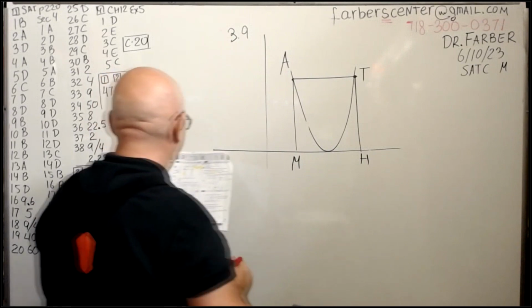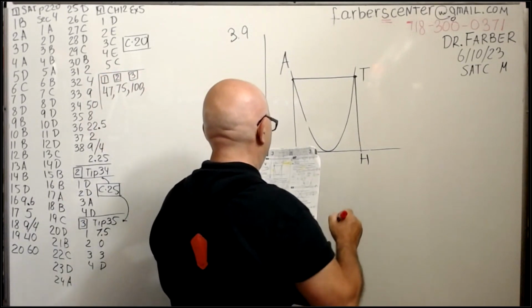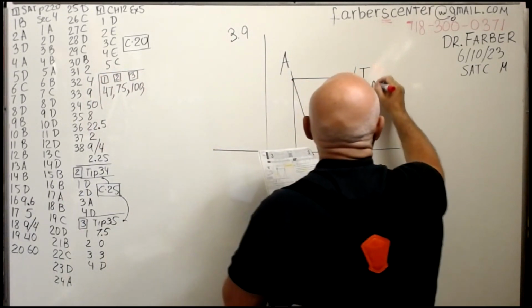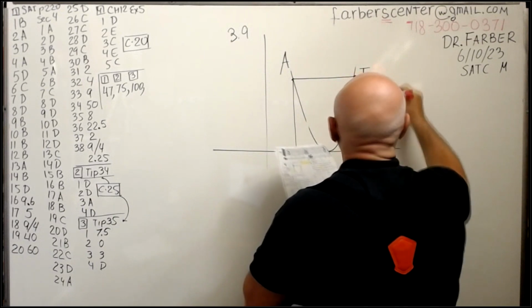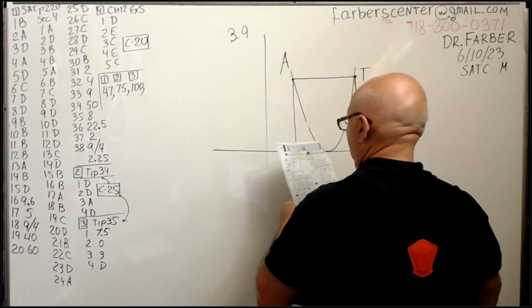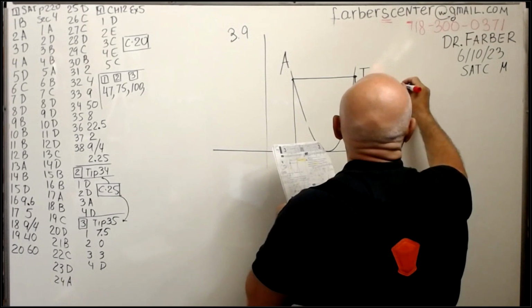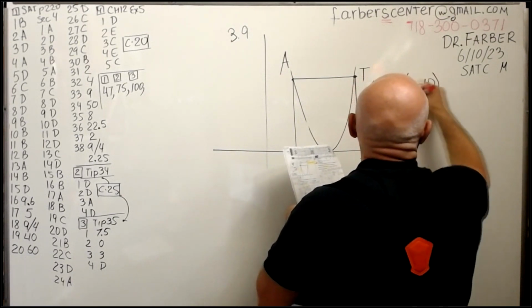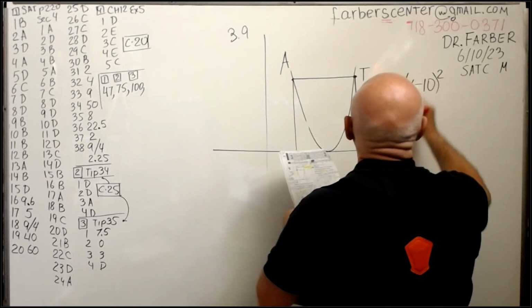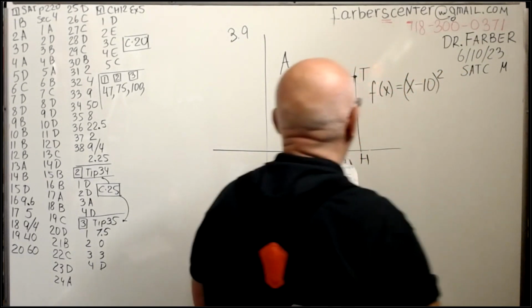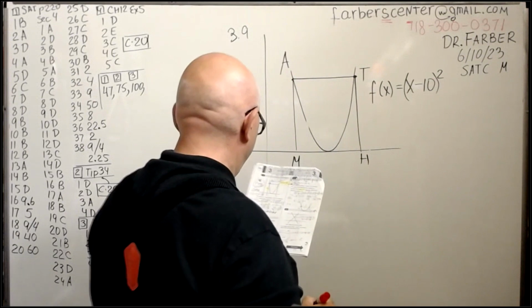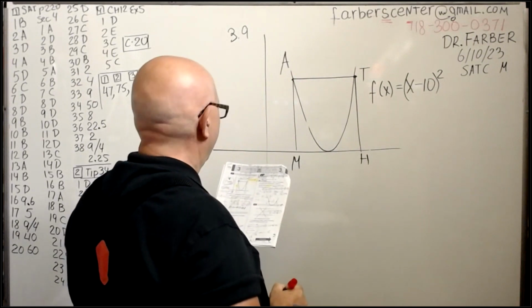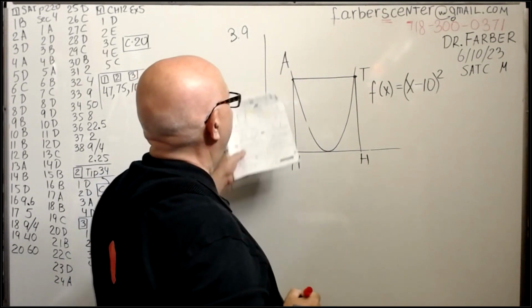In addition, they said the equation of this graph, f of x equals to what? X minus 10 to the second power. And the question is, and this is math, M-A-T-H, math.